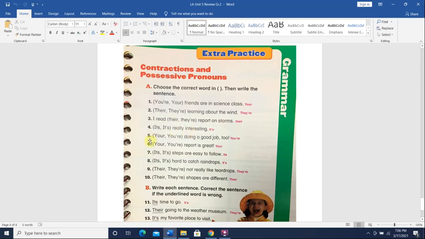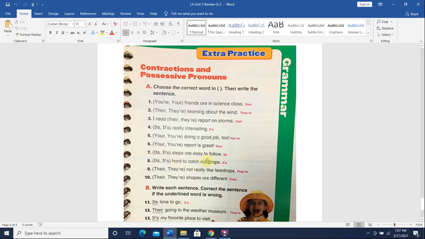Okay? Number 5, you're or your doing a good job too. Your what belongs to, no. You are doing a good job too. Your report is good. Your report is good or you are report is good. Your report, the report that belongs to you.